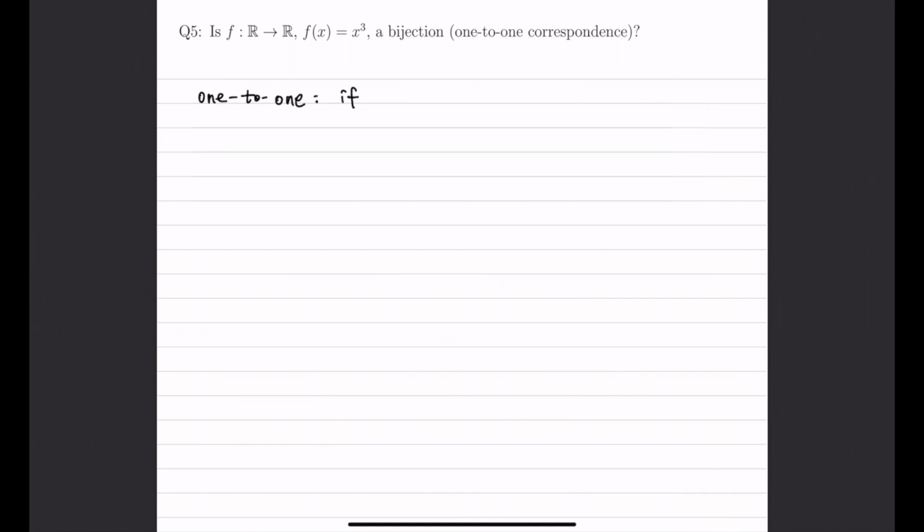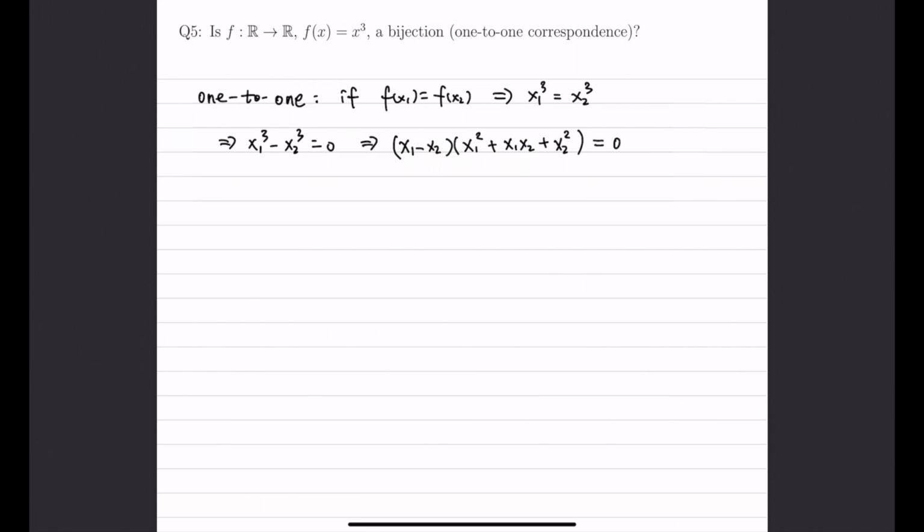So if f of x1 is equal to f of x2, which means that x1 cubed is equal to x2 cubed, this implies that x1 cubed minus x2 cubed is equal to 0. And then we can do the factorization for the left-hand side. We get x1 minus x2 times x1 squared plus x1 x2 plus x2 squared. So the product of these two terms must be equal to 0.